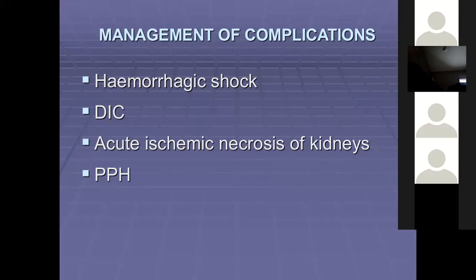She will be unable to pass urine, and once you catheterize the patient, there will be no urine. It will give you a hint that it could be because of heavy loss, or because of acute renal failure. And PPH, yes, similarly like in previa, abruption has chances of PPH.